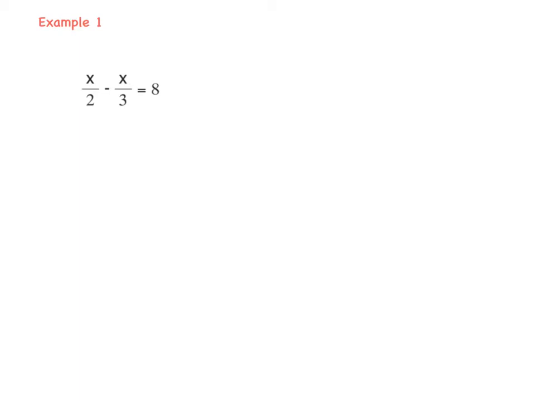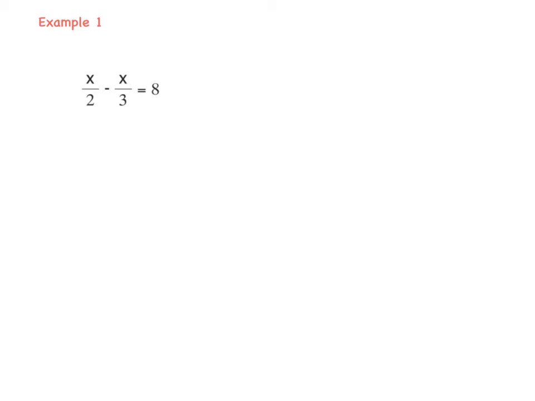Here we have x over 2 minus x over 3 equals 8, and we need to solve this equation. That means we need to find what x is. It might be x, it might be any letter of the alphabet, and here we have x.